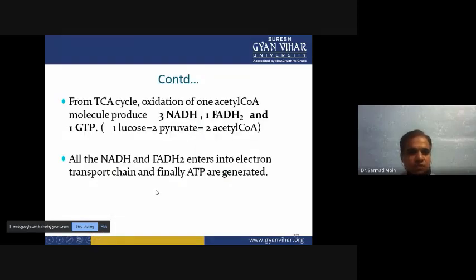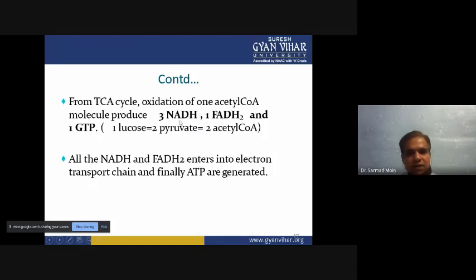Okay, so in the TCA cycle, 3 molecules of NADH, 1 molecule of FADH2, and 1 GTP molecule will be produced. All the NADH and FADH2 enter into the electron transport chain, and finally ATP will be generated.